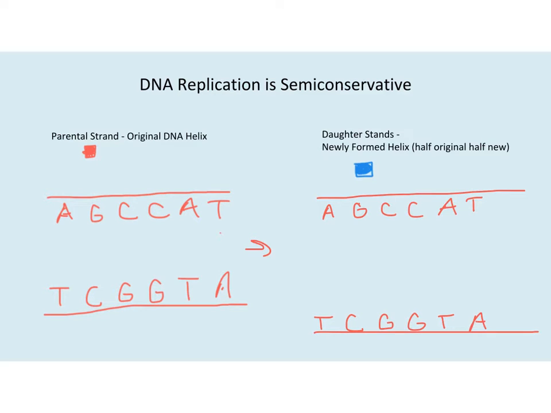Now we're going to start replicating it. When we say that it's semi-conservative, what that means is that we are going to conserve at least part of the original strand. This one right here that I'm pointing to is part of the original, and that's part of the original. We call those parental strands, and they're the original DNA helix. That was one part of the helix, that was the other part of the helix.